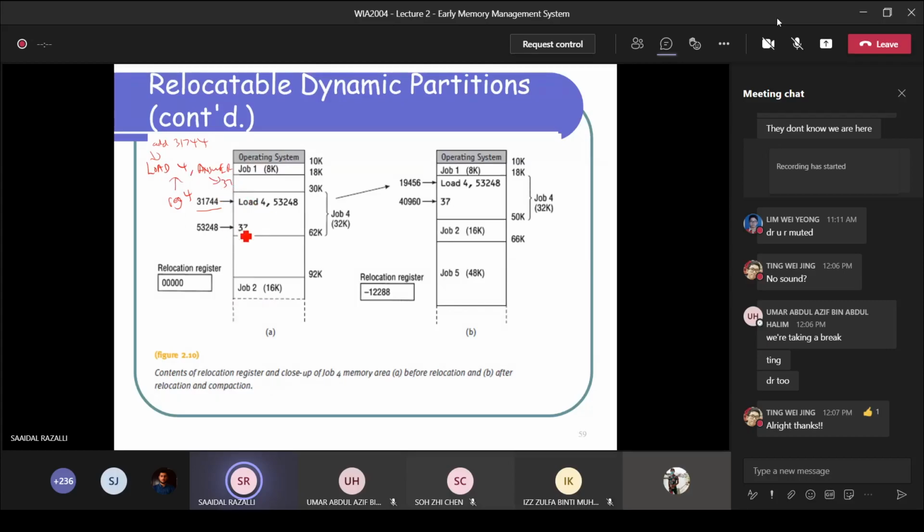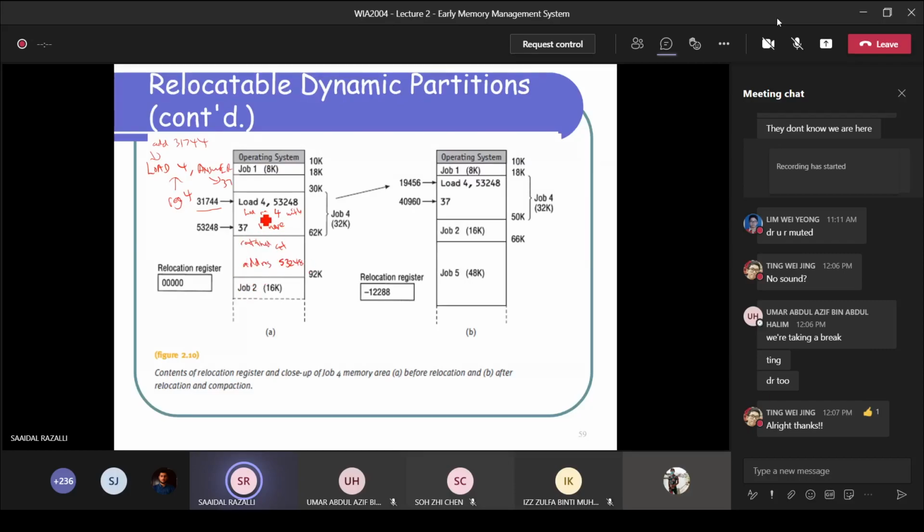The answer value is 37, which is the value contained at address 53248.